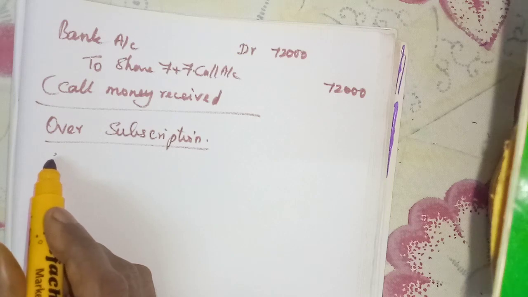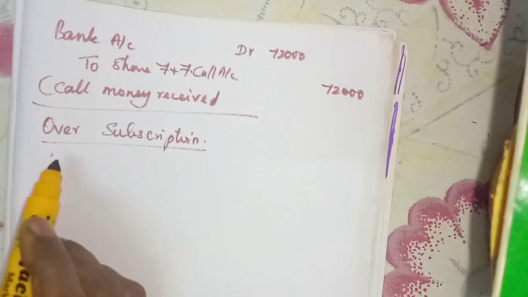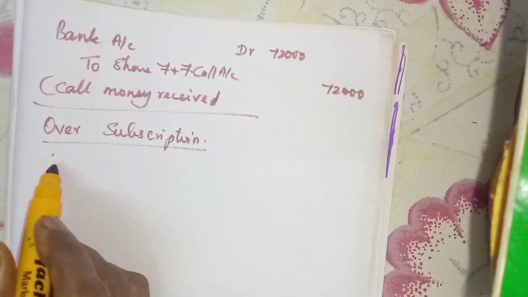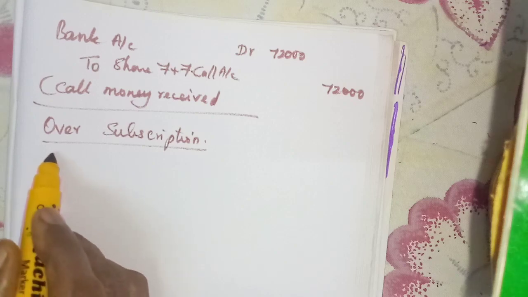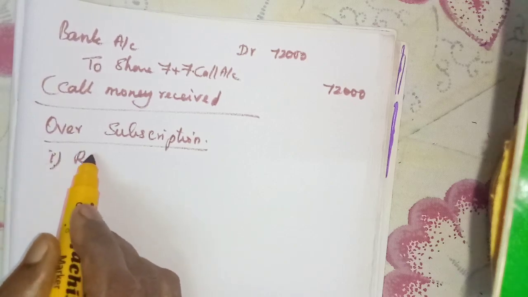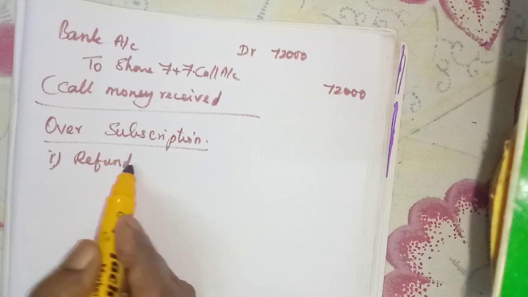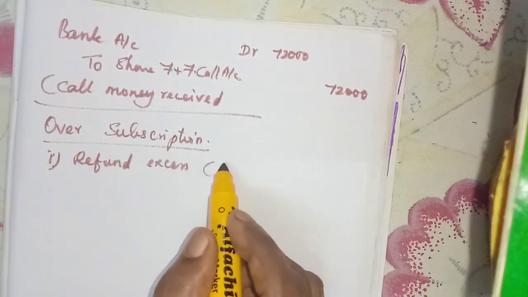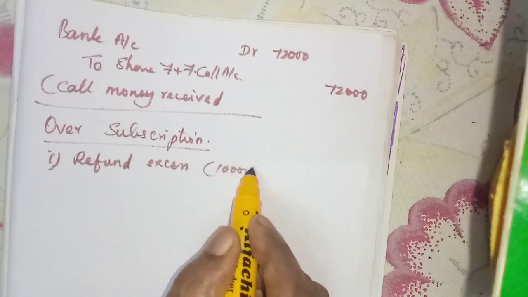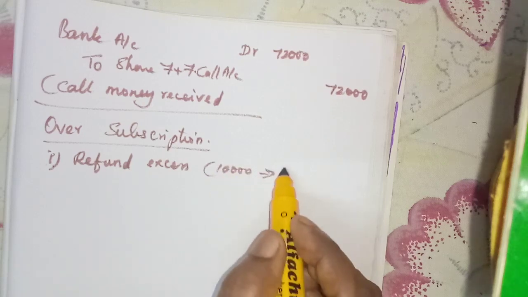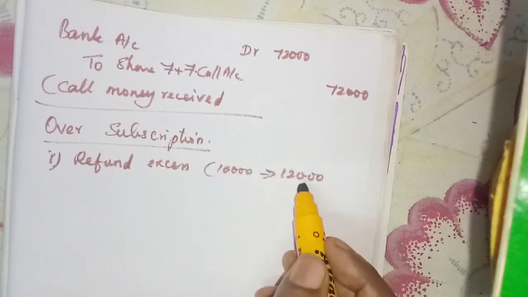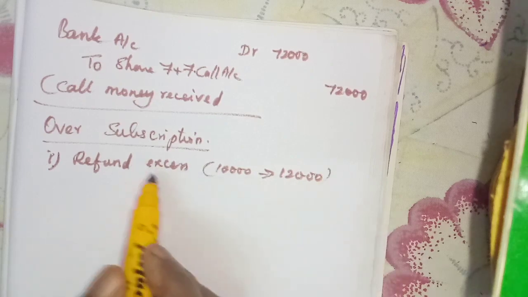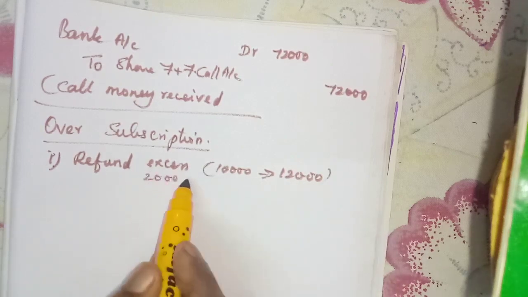Here they have to deal with over subscription. Either they have to refund the excess amount. If they have offered 10,000 shares and they have received applications for 12,000 shares, how much is excess? 2,000.